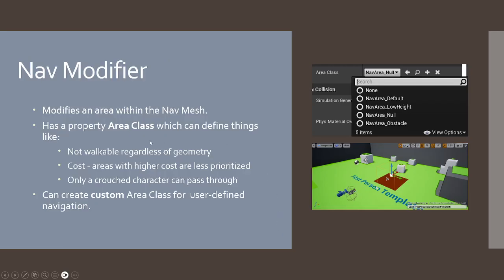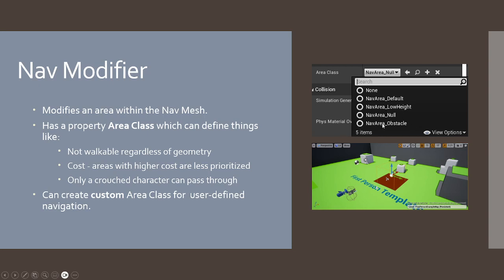So yung area class na yun, it's a navigation modifier. It can modify the area within the nav mesh. And it can be different kinds. So you have default, you have low height, not obstacle. And these are all different. Kapag low height, that means, like isipin mo parang it's an obstacle pero you can actually crouch down under it. So pwede mo siyang gawing low height.